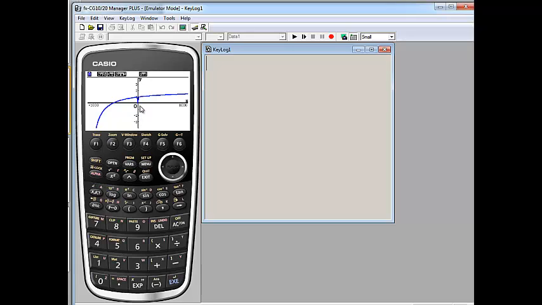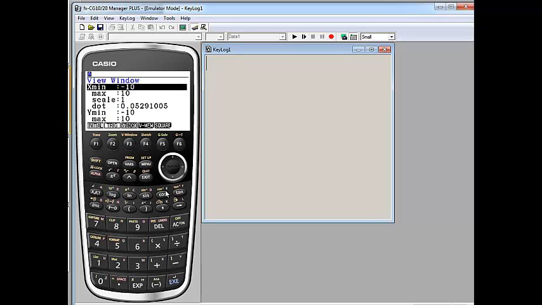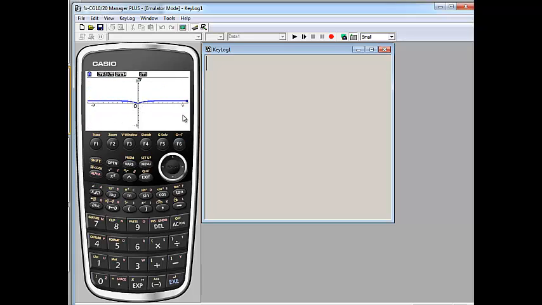Now, you remember how I zoomed in and zoomed out, and it even looked fine? Let's go to my window again and go to the standard window. Same graph, but look how it looks with -10 and 10.